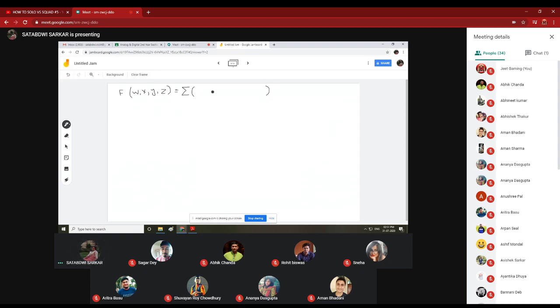So we are not giving the expression in the form of a, b, c or w, x, y, z or w bar, x bar, y bar, z bar. Not in this way. Just putting the m values.